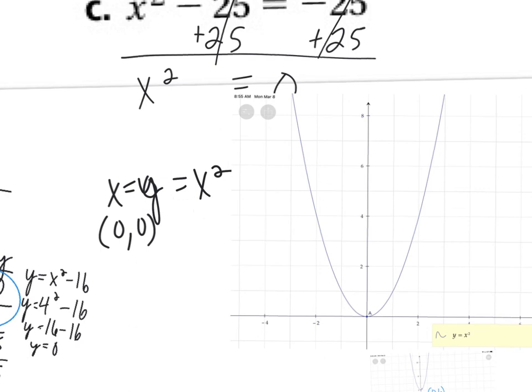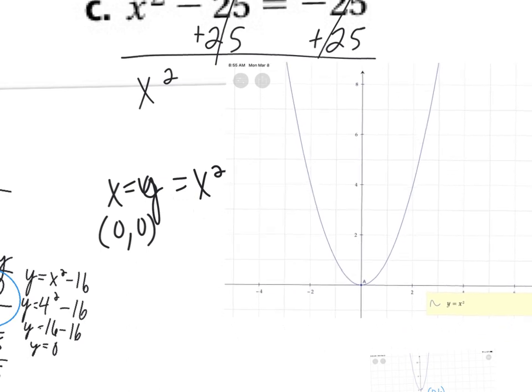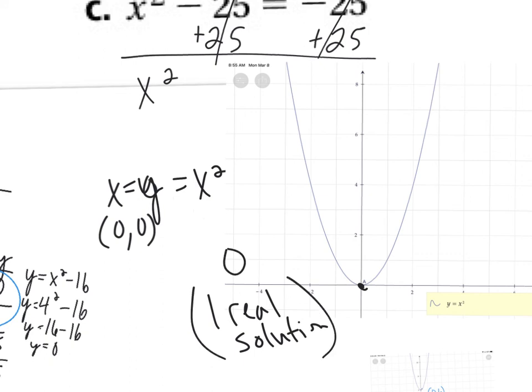And so if we're thinking about our solutions or roots or x-intercepts, this would have one real solution, which is at the vertex. Okay, one real solution, which is 0. It says what are the solutions, so I guess we'd say 0 is our solution, and it is our only real solution. This is the case where the vertex is right on the x-axis.